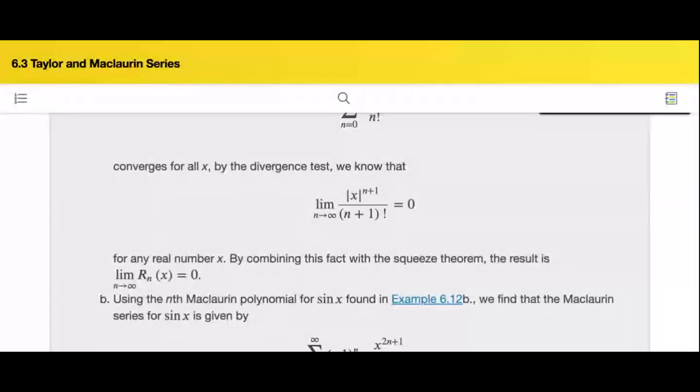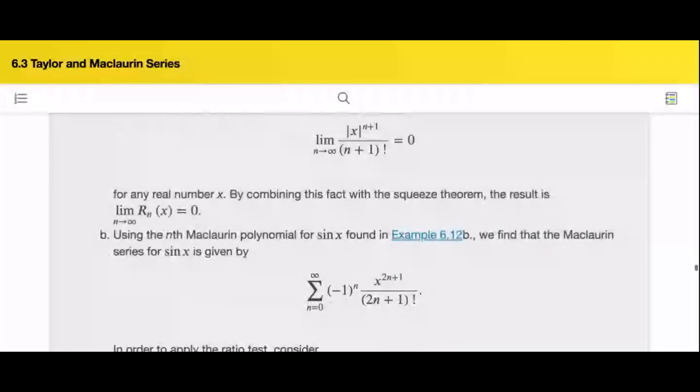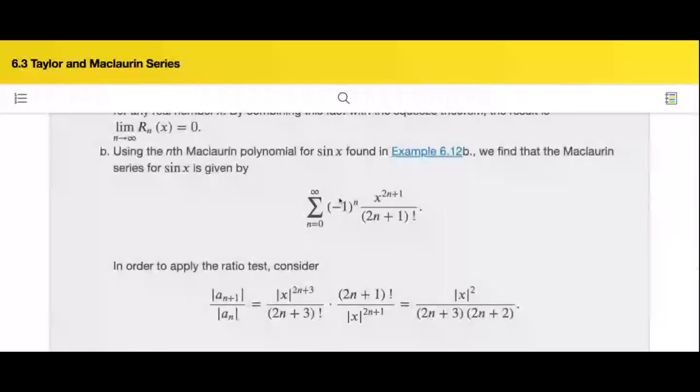The second one, using the nth Maclaurin polynomial centered at 0, right? Again, for sine x. And we find that the Maclaurin series for sine x is given by this: negative 1 raised to n, x raised to 2n plus 1 divided by 2n plus 1 factorial. Remember, here n goes from 0 up to infinity.